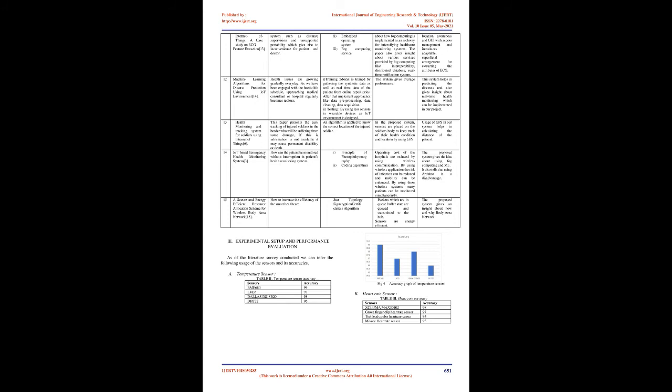Embedded operating system. 3. Fog computing service. About how fog computing is implemented as an archway for intensifying healthcare monitoring systems. The paper also gives insight about various services provided by fog computing like interoperability, distributed database, real-time notification system, location awareness and GUI with access management, and introduces adaptable, superficial arrangement for extracting the attributes of ECG.